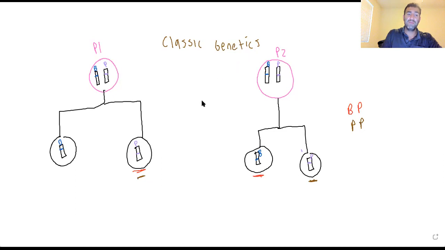Or maybe this haploid cell will fertilize this haploid cell and we'll have BB. So there are actually 3 different possible combinations for the type of alleles that this offspring inherits.